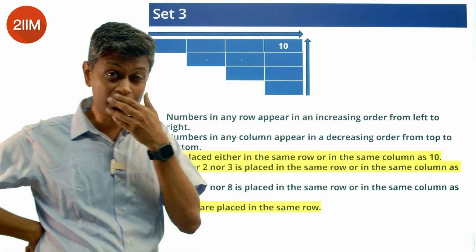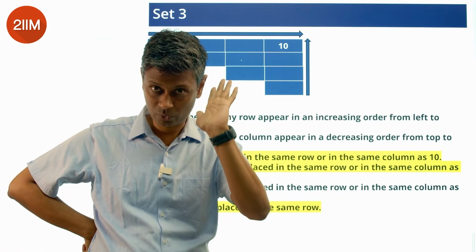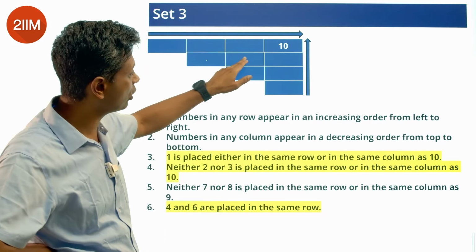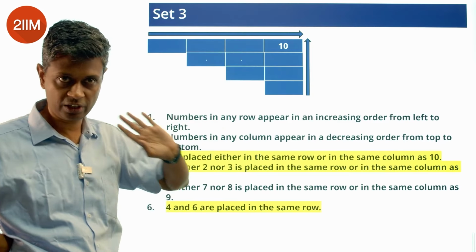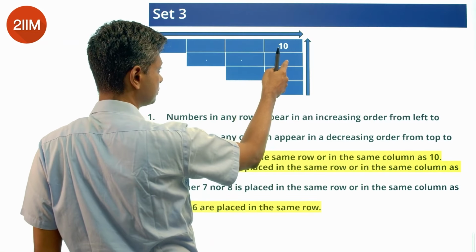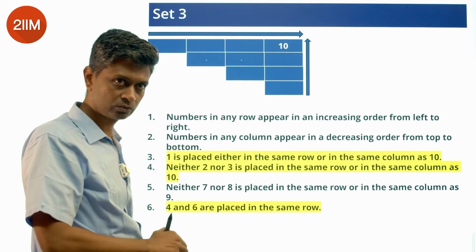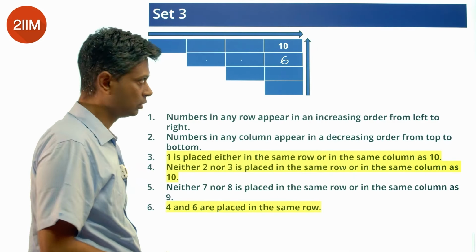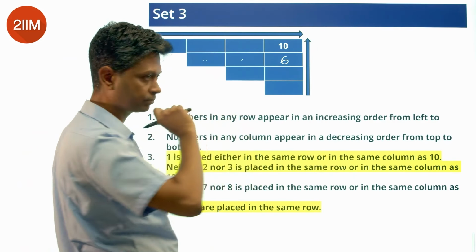My gut feel tells me that they should not be in the second row, they should be in the first row. So I'm looking to eliminate the second row. In the second row, this cannot be 4 and 6 because 2, 3 have to be accommodated in these 3 slots. Right? So this can be 4, 6 like this, or 4, 6 like this, or 6 comes here for sure. One of these two has to be 4. Right?